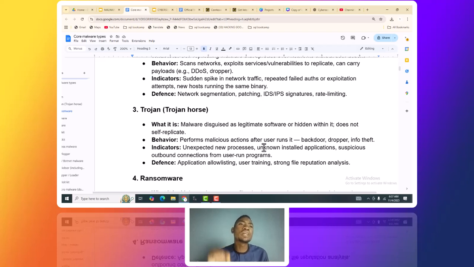If a Trojan enters your system through a file, it will remain in that file. And so some of the behaviors of a Trojan is that it performs malicious actions after users run it. Some of it are like a backdoor, a dropper, an infostealer, or remote access Trojans, and different types of Trojans. So it can perform a particular task.